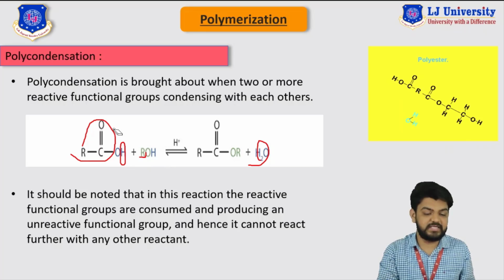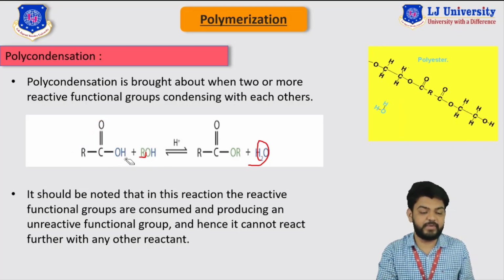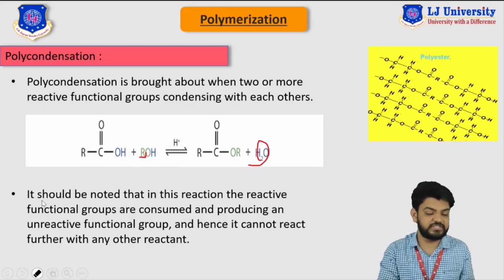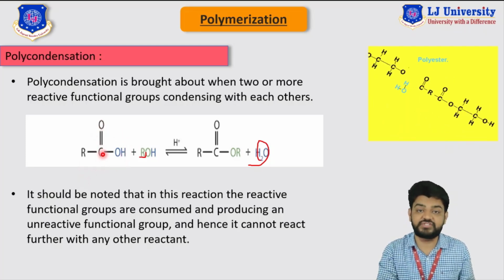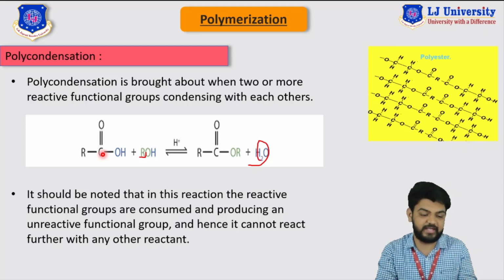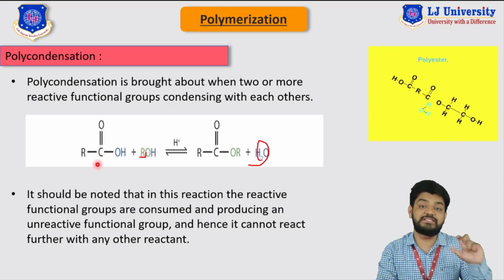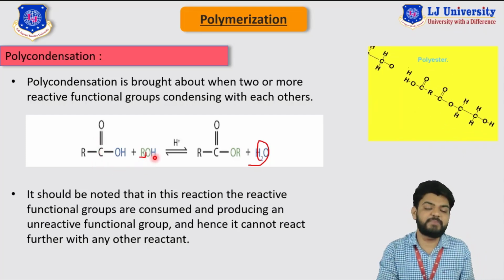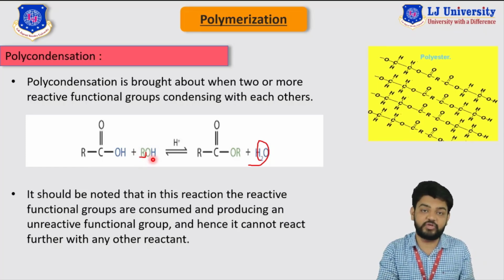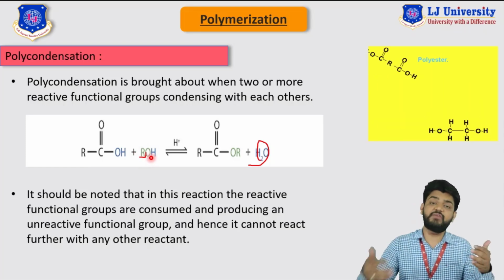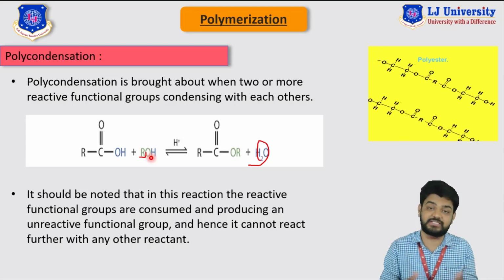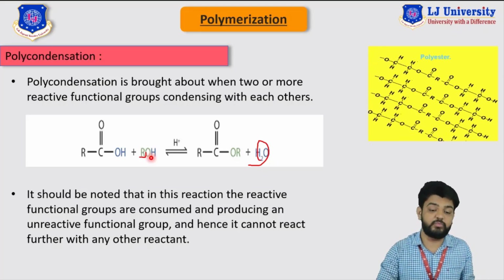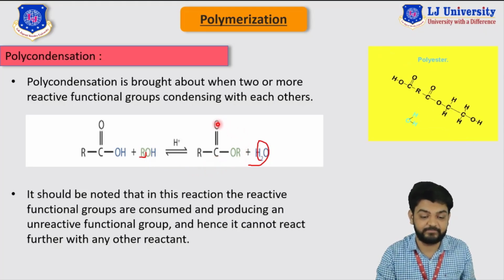Now you can see here that this particular compound, let me just take a laser. Now you can see here this particular compound has one functional group, COOH, and this particular compound has one more functional group, that is OH. So both the functional groups combine together, that we call the condensation process, condenses together to produce one ester like this, right?